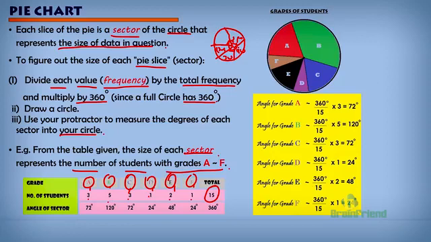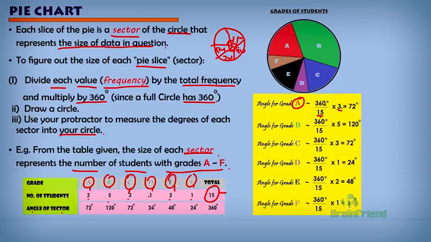Now, to get the angle of each sector belonging to each grade for the number of students, what do we do? For grade A, we've seen the steps. You simply say 3 students that had grade A all over the total number of students, which is 15. So we have 3 over 15 multiplied by 360 degrees.